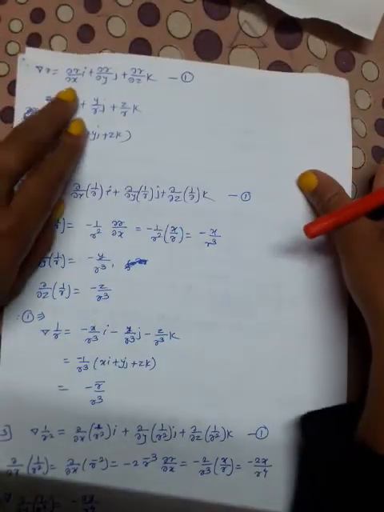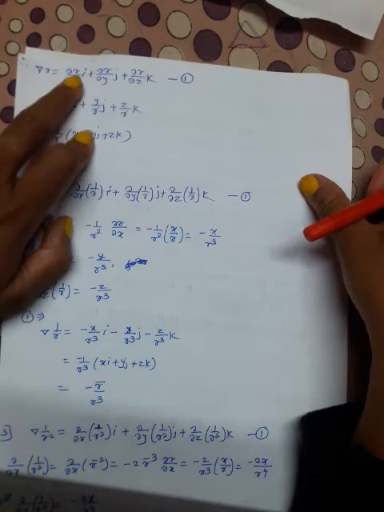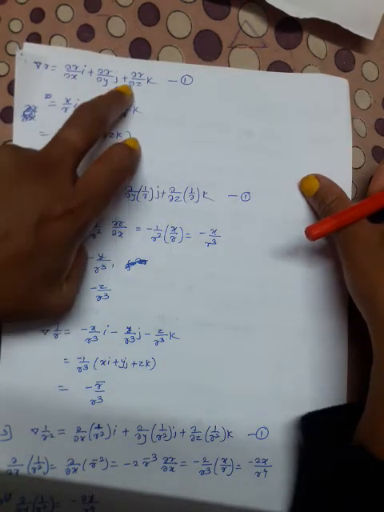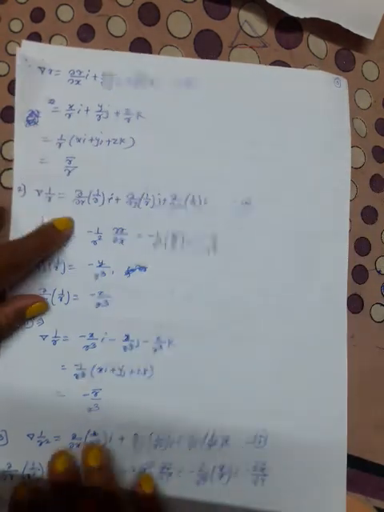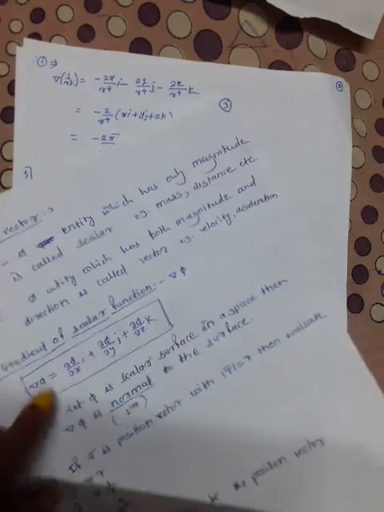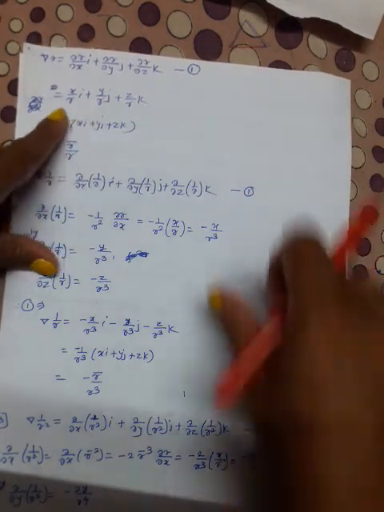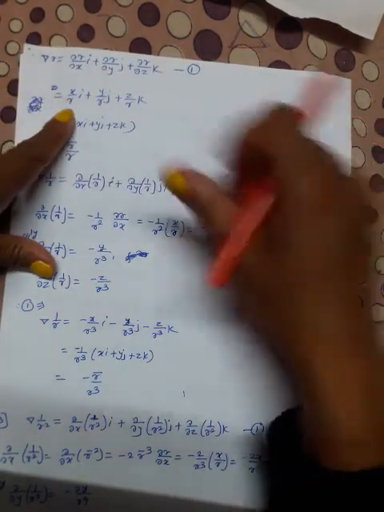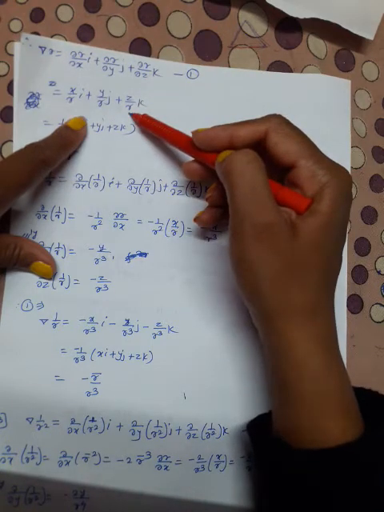Del r. We know the definition of del r is dou r by dou x i plus dou r by dou y j plus dou r by dou z k. It is the definition of del phi. Instead of phi, here there is r, therefore we have to replace phi by r everywhere. Now dou r by dou x is x by r, dou r by dou y is y by r, dou r by dou z is z by r.